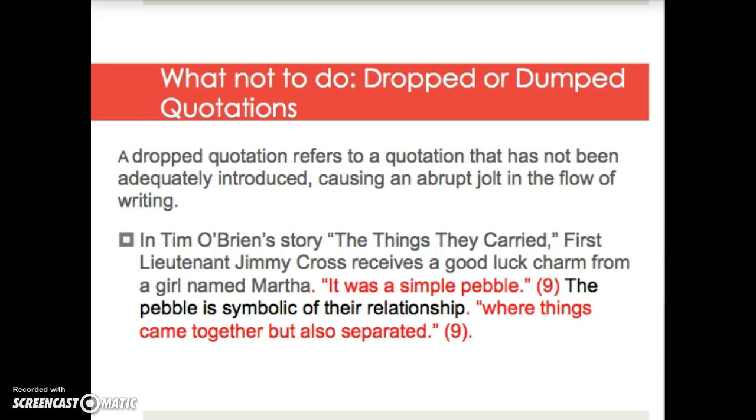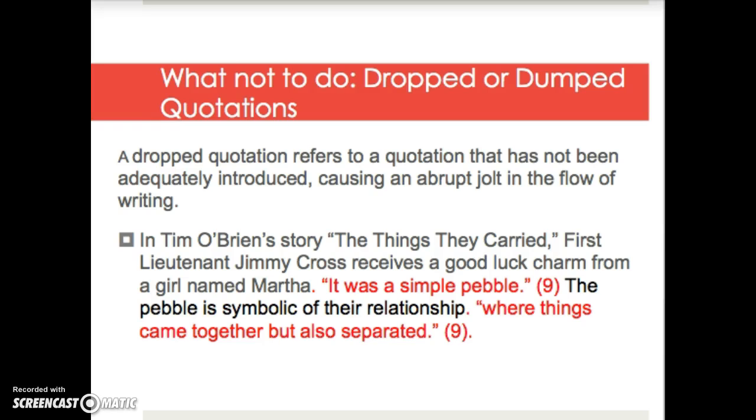Okay, so before we go on to some strategies of what to do, here's a look at what you shouldn't do. The term dropped or dumped quotations is what you might see written on your paper, but this refers to a quotation that has not been adequately integrated, and it's just sort of sitting there in your paragraph, floating, not connected to either sentence on either side of it.